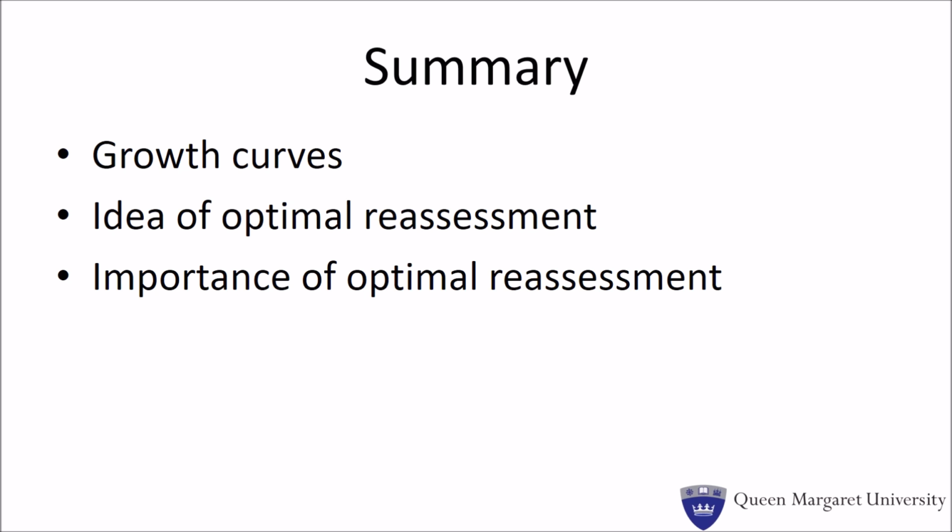In order to use growth curve, we need to know some of the assumptions associated with growth curve, as well as, if there is no research that has one growth curve, what we'll need to do is collect a series of multiple research in order to plot a growth curve of our own in order to decide when to optimally reassess our patients. So I hope this mini lecture will be able to convey some of the key ideas of the use of growth curve for optimally reassessing patients.